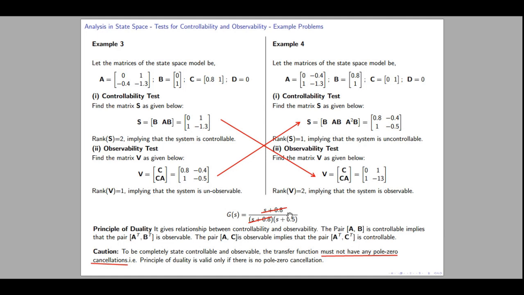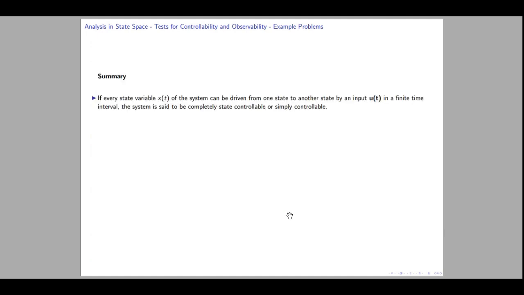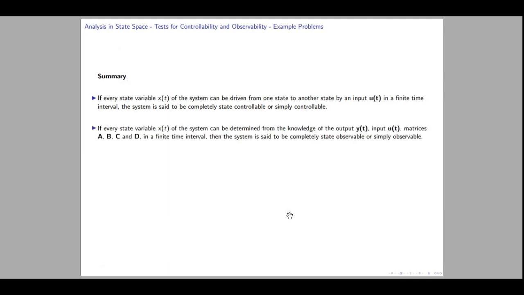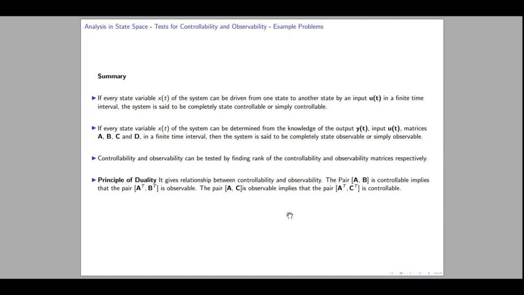So, in this lecture, we understood about controllability and observability, and how to test systems for controllability and observability, of course using the rank of the controllability matrix and the observability matrix, which should have full rank.